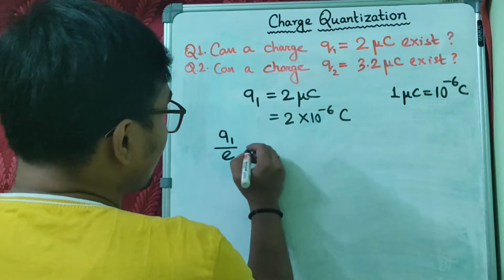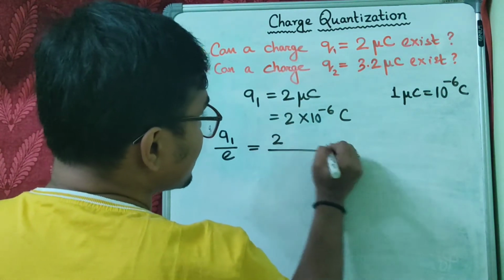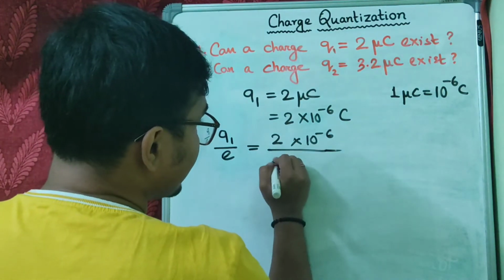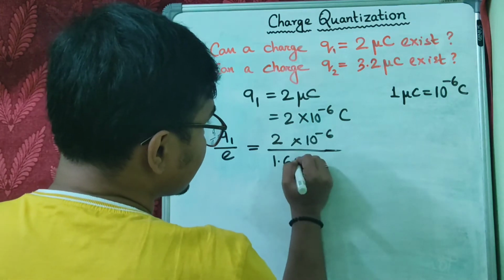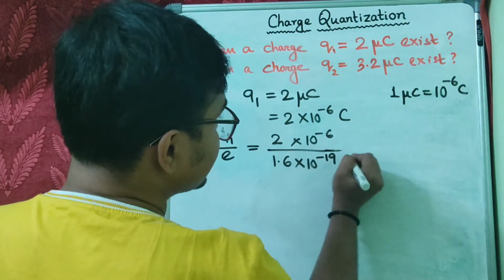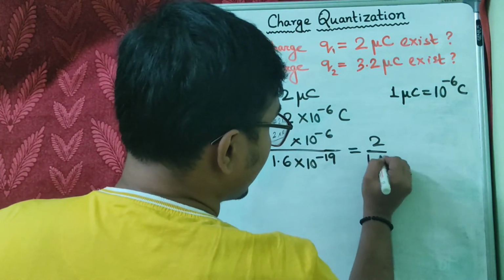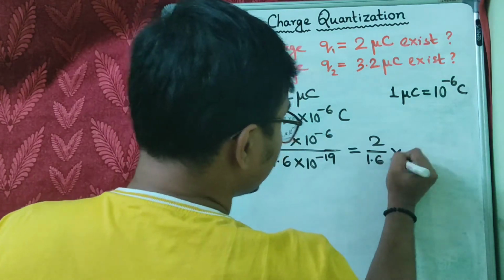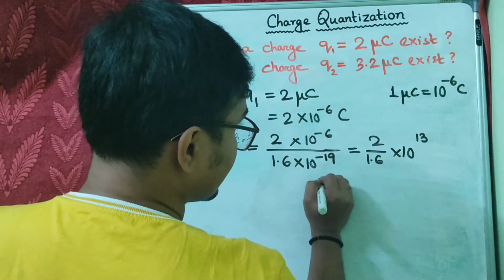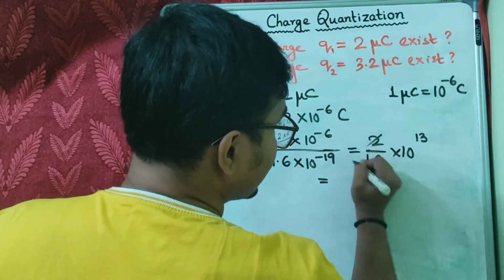So let's see what we get. 2 into 10 to the power minus 6 by 1.6 into 10 to the power minus 19, and what we get is 2 by 1.6 into 10 to the power 13.